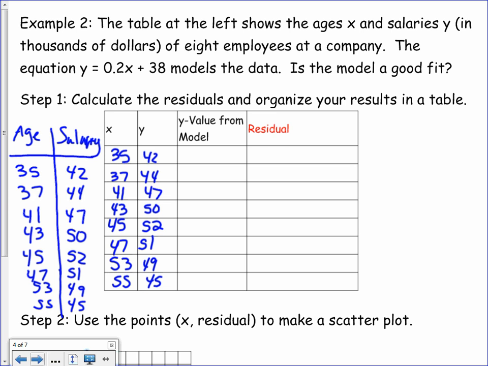Now to figure out the y value from the model, I'll have to substitute in all these x values and get my y. So 0.2 times 35 plus 38 is 45. I already have these completed. It'll take more time to actually complete them on your own.